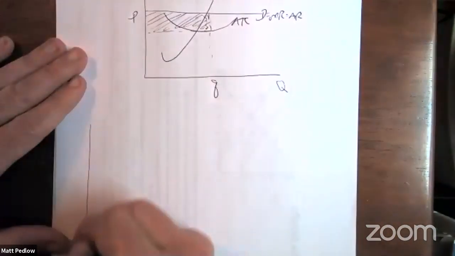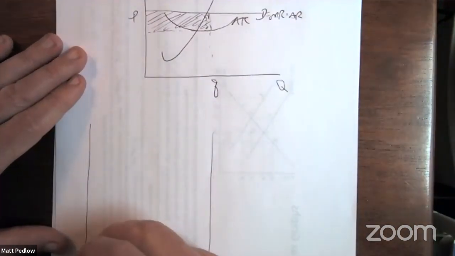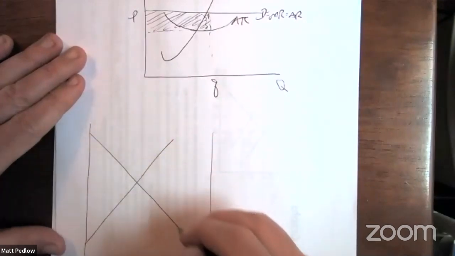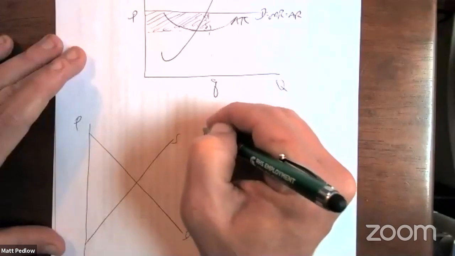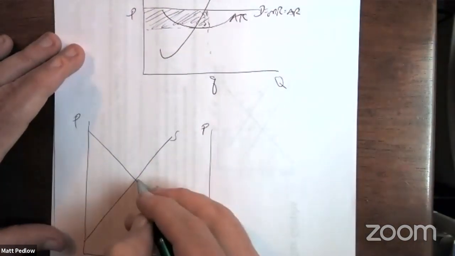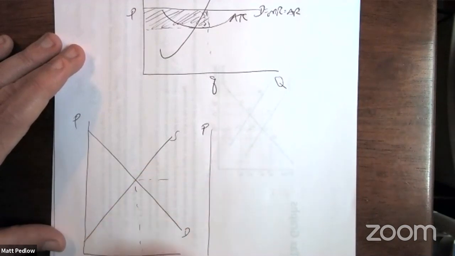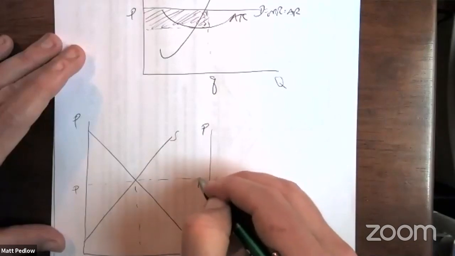Next, side-by-side graphs of the industry or the market, and then the firm. So industry, the market looks like supply and demand. You have price and quantity. Make your dotted lines over. So here's where we get our quantity in the market and the price in the marketplace. They are price takers.